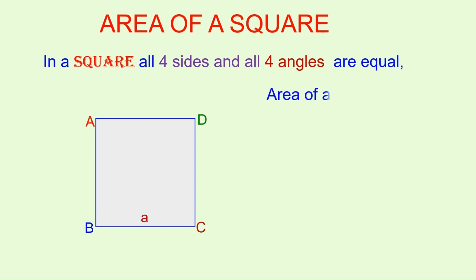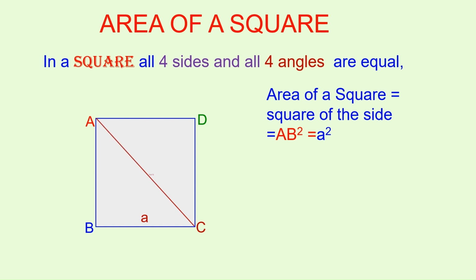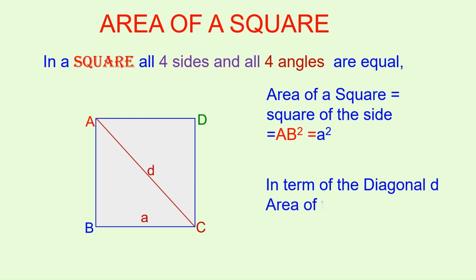Area of a square equals the square of the side, equals AB squared, equals A squared. In terms of the diagonal D, area of the square, T equals 1/2 times D squared.